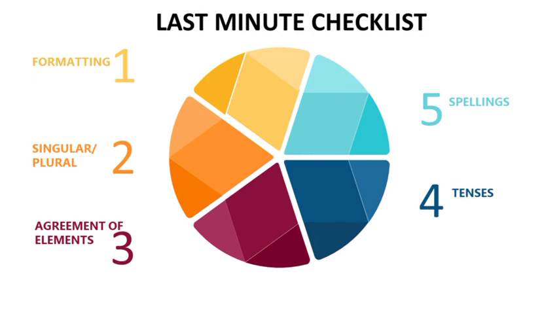Number 2 is singular and plural elements. You must ensure that the right forms of words are used in terms of singular and plural forms. Words that need to be written in plural forms, make sure you write them in plural forms.